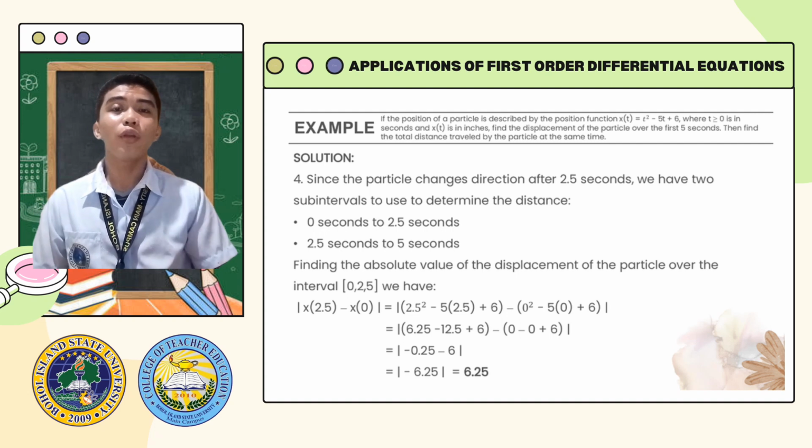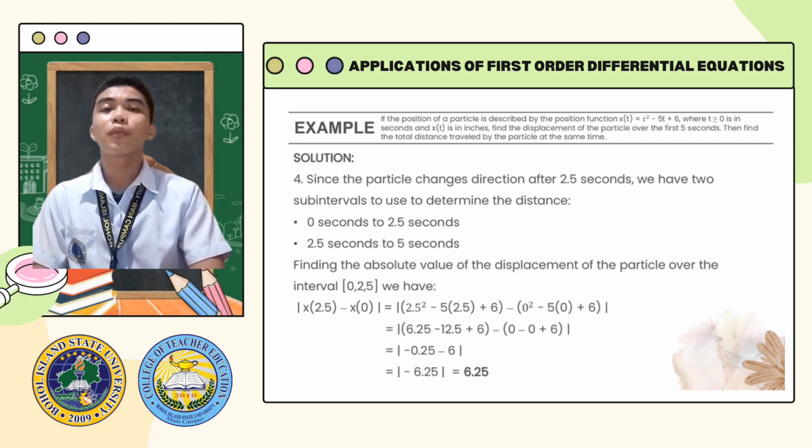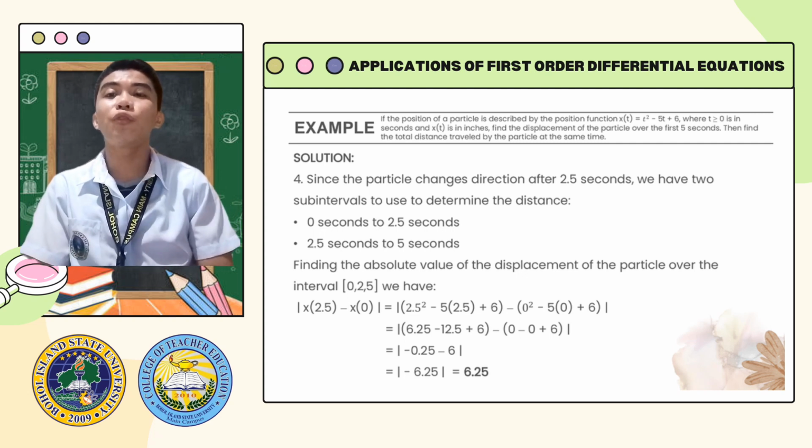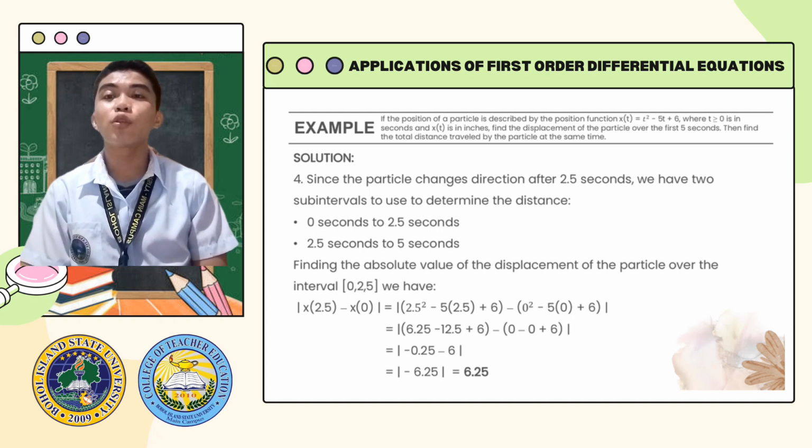Now we will find the absolute value of the displacement over the interval. So we have the absolute value of x(2.5) minus x(0) equals the absolute value of 2.5 squared minus 5 times 2.5 plus 6, minus 0 squared minus 5 times 0 plus 6.